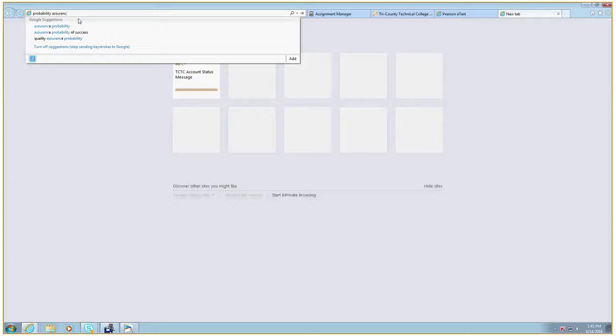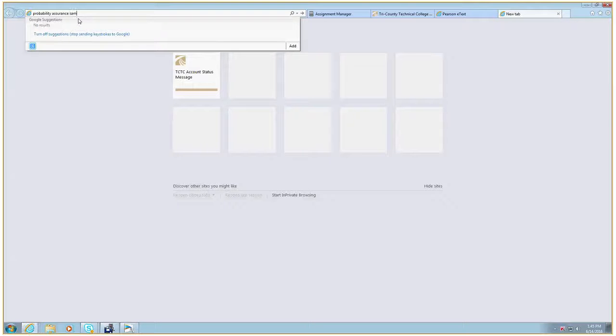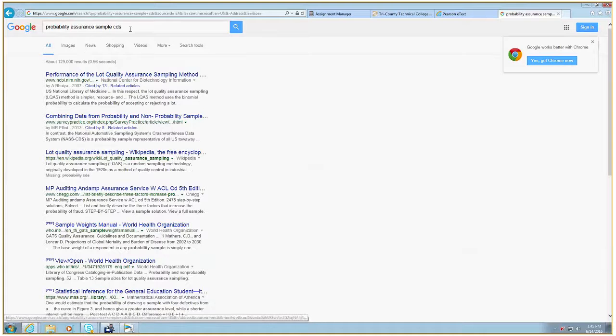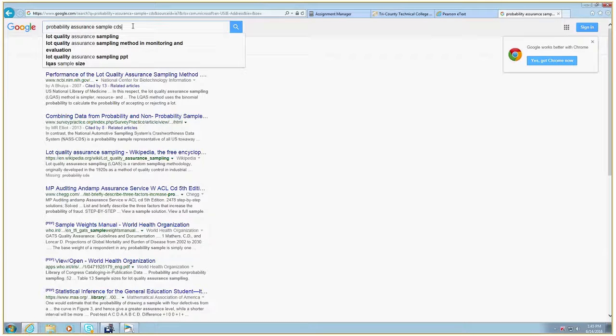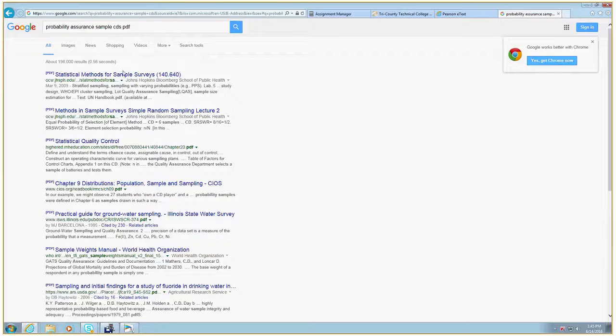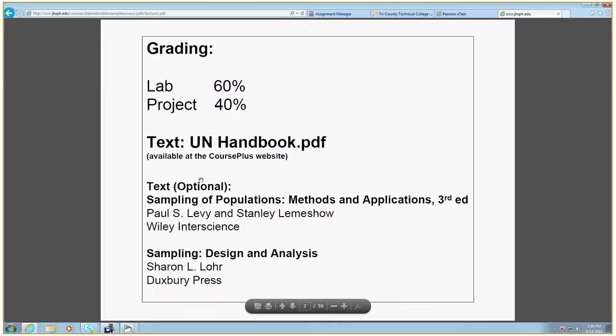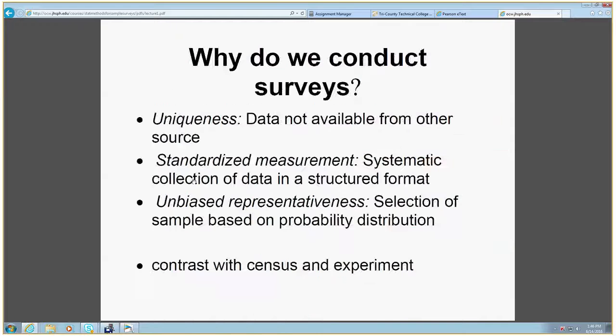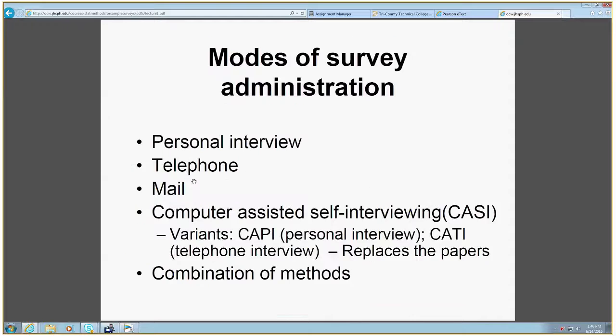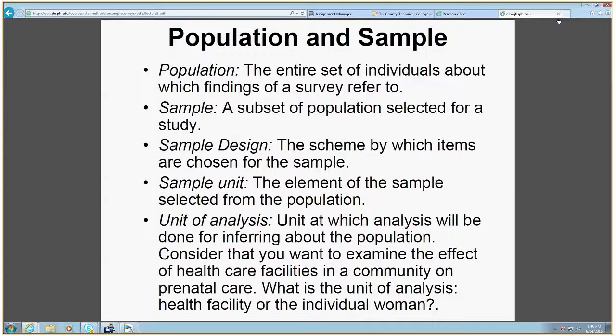I think it's assurance, sampling, CD. Some of them sounded pretty rough. Some of them sounded good, but some of them... Oh, what's that?